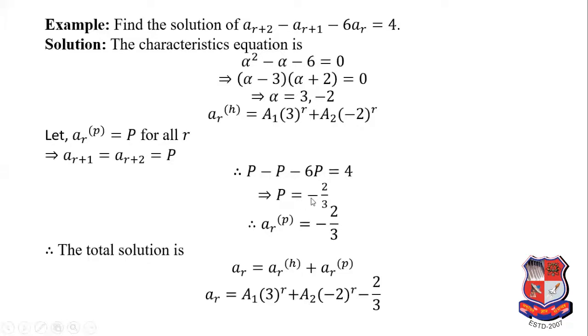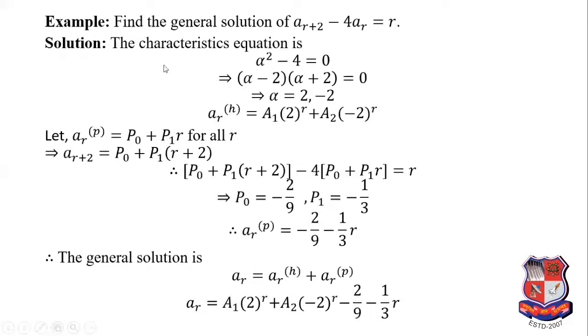So we'll get P equal to minus 2 by 3. The particular solution we'll get is minus 2 by 3. Therefore, the total solution, or we can say the general solution, a_r is nothing but the summation of a_r^(H) and a_r^(P), which is a1 3 raised to r plus a2 minus 2 raised to r minus 2 by 3.